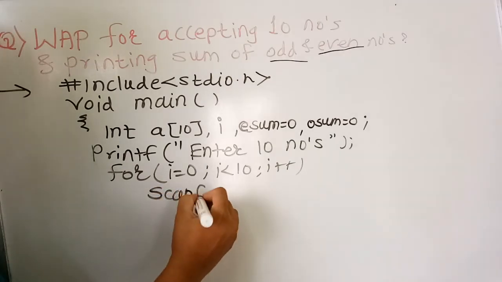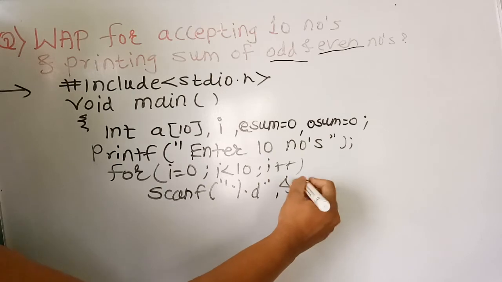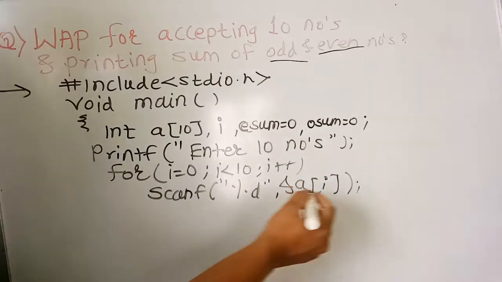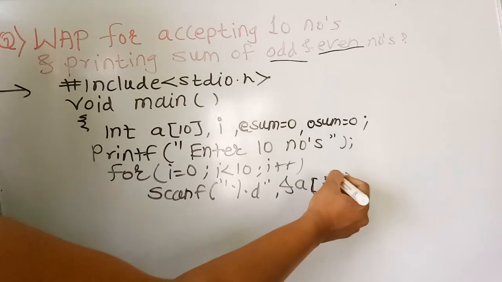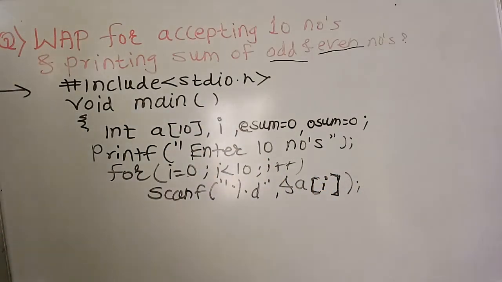Then we will write the statement scanf("%d", &a[i]). This is the same as usual variable accepting, but it is an array mechanism. So we are giving the subscript here, and we are accepting the numbers through the for loop. There is no complicated logic here.